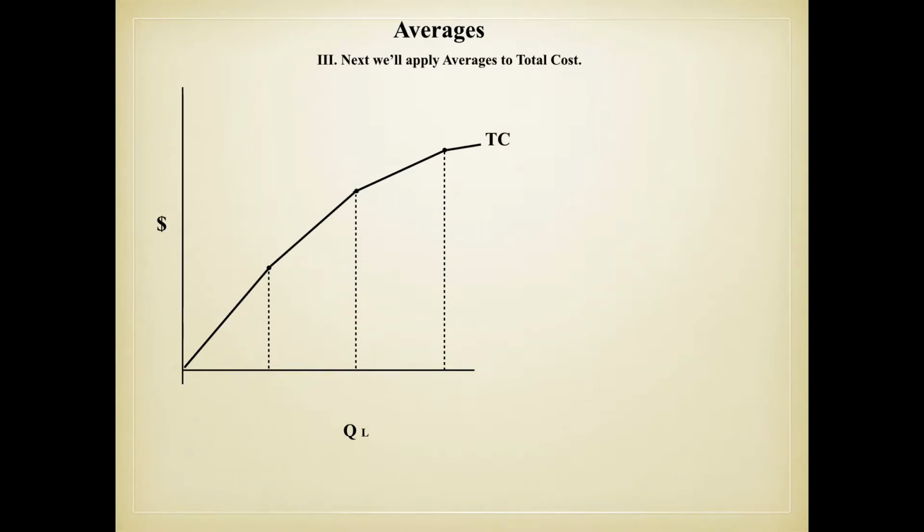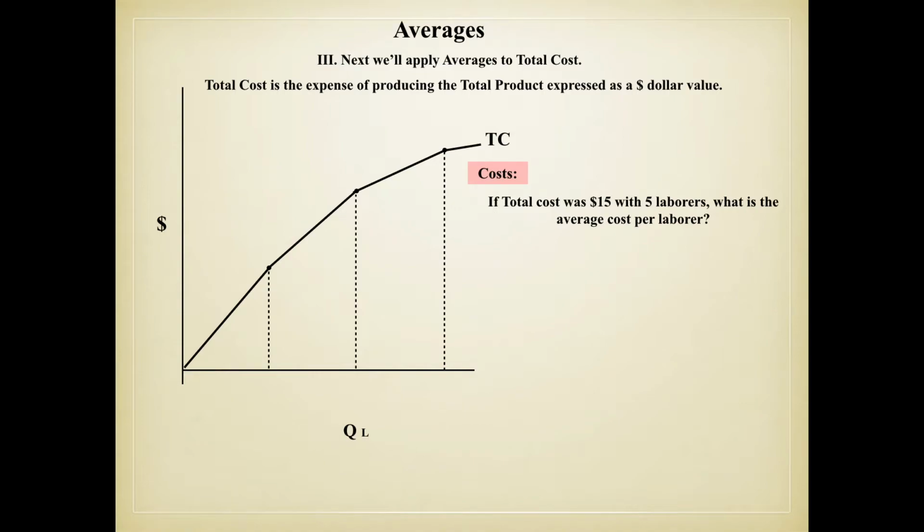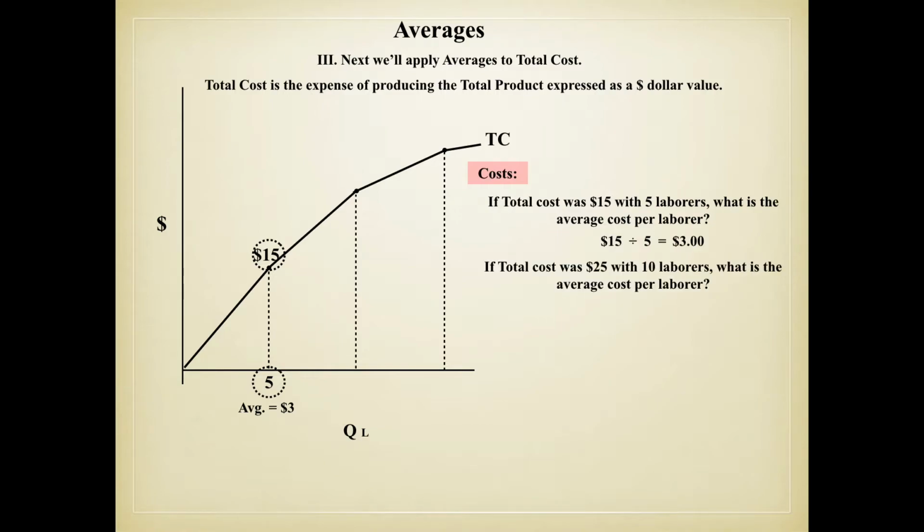Let's do one more. Next, we'll apply averages to total cost. Total cost is the expense of producing the total product expressed as a dollar value. If total cost was $15 with 5 laborers, what is the average cost per laborer? 15 divided by 5 equals an average of $3. If total cost was $25 with 10 laborers, what is the average cost per laborer? 25 divided by 10 equals $2.50.